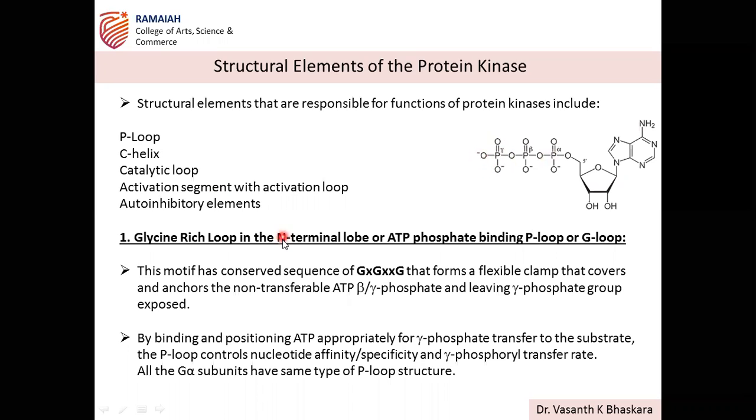The first one, the P loop, is also called the glycine-rich loop. This we had already discussed, and this is in the N-terminal lobe, which is responsible for binding ATP.